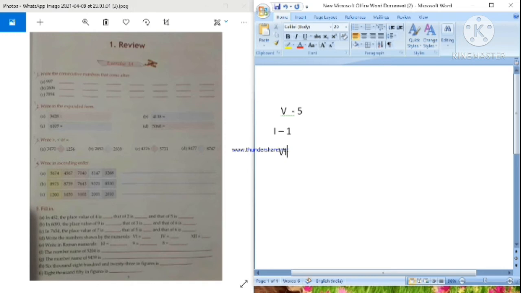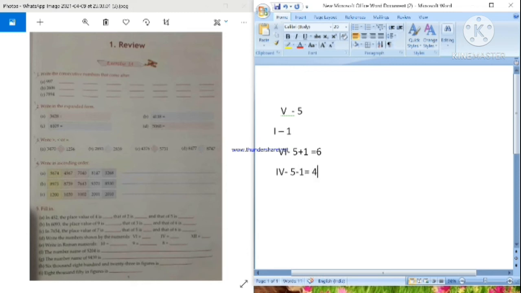We all are aware of one rule: if a number comes at the right of V, then we add it, and it will be 5 plus 1, that is 6. And if it comes at the left side, then we subtract it, and we will get 4.